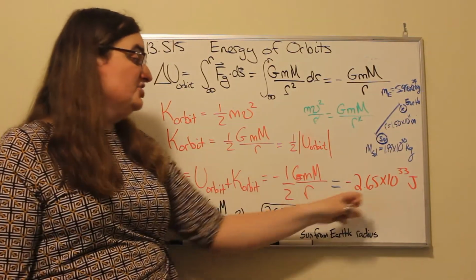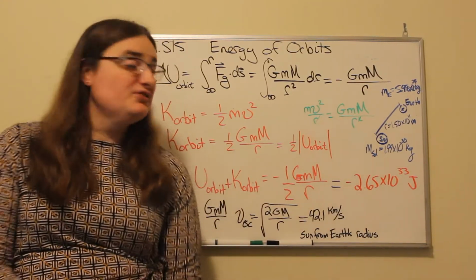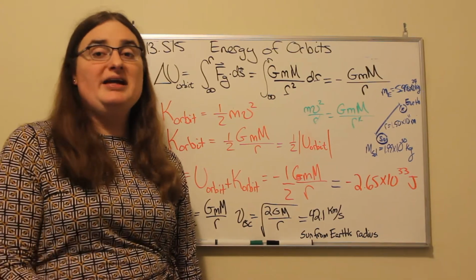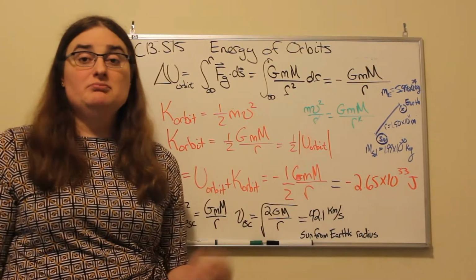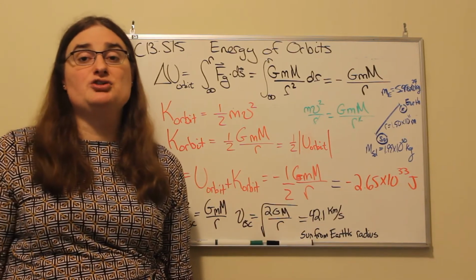For the total energy, I get half of that value, negative 2.65 times 10 to the 33 joules, and my kinetic energy is going to be the absolute value of that, 2.65 times 10 to the 33 joules.